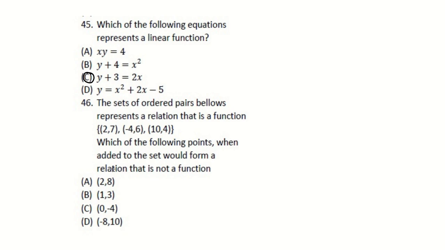Remember, a function only has one image. So you see how 2 is related to 7, and then 2 is related to 8. This is not it. A cannot be an answer.